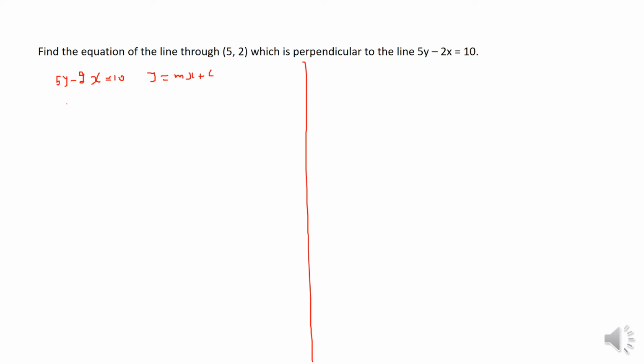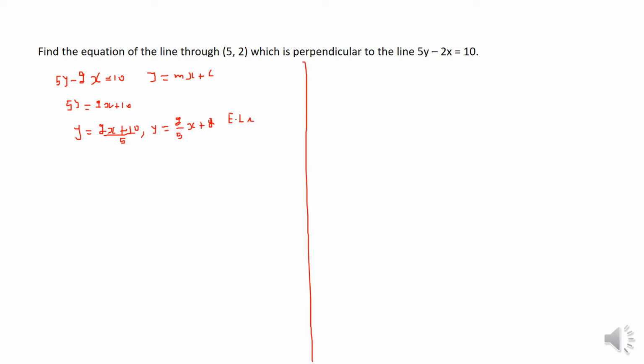So now 5y is equal to 2x plus 10, and now y is equal to (2x plus 10) over 5, and now y is equal to 2/5 x plus 2. This is the equation of line 1.